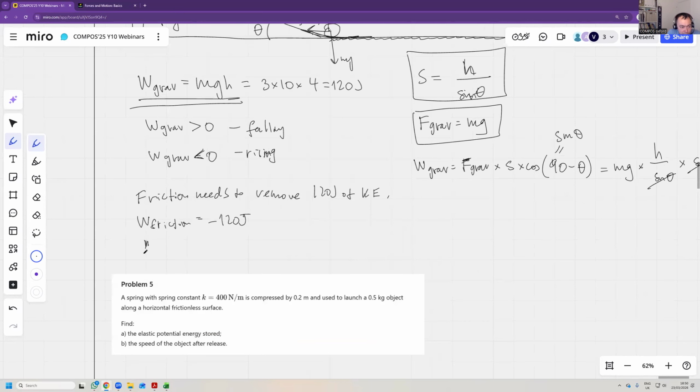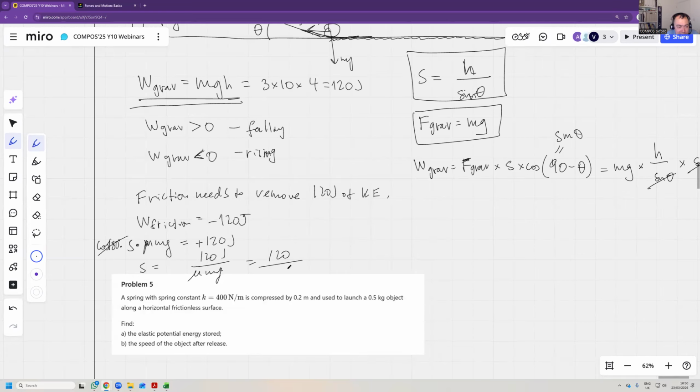And therefore, mu mg is negative 120 joules. Sorry, that's the force times the distance, s, and times cosine 180 degrees. Remember, cosine 180 is negative 1. So that makes it plus, and s is equal to 120 joules divided by mu mg.